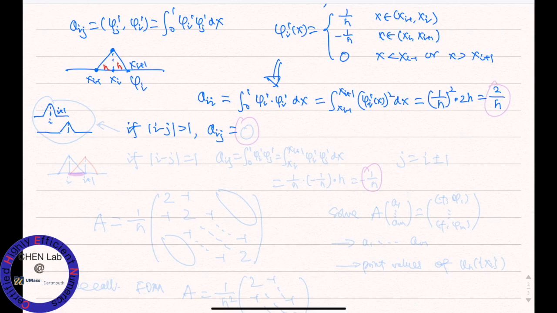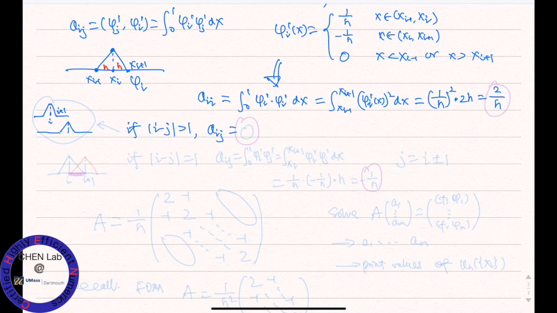If you integrate over any interval, one of them is 0. There's no overlap. The mathematical name is the support: the supports of the two functions have no overlap, so you cannot find one interval where both are non-zero.